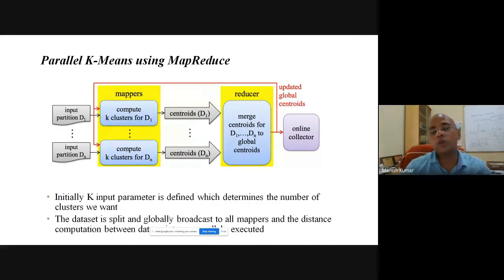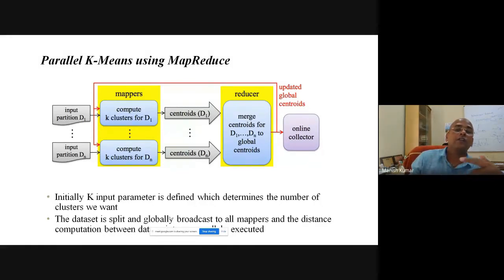So what we do is we merge all the centroids we are getting from all the individual terminals, and we find one uniform set of global centroids out of it, and then we pass it to the mappers again for the next iteration.